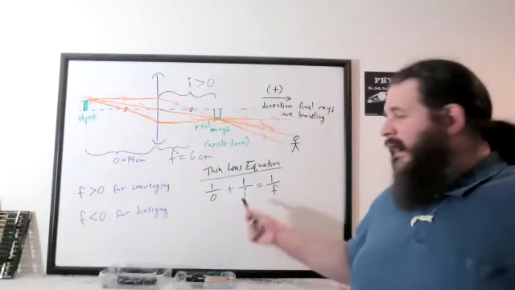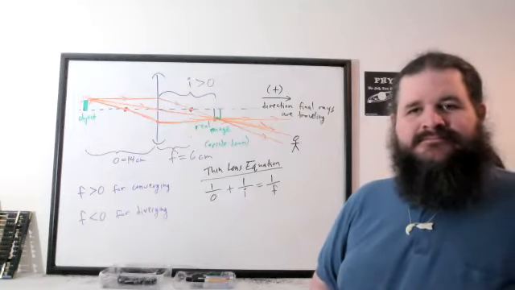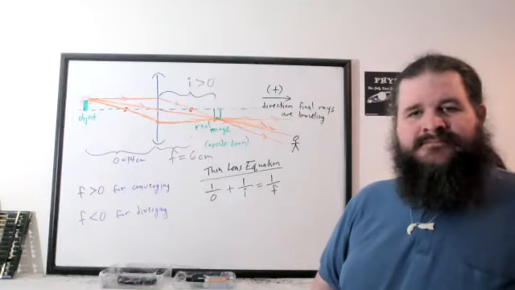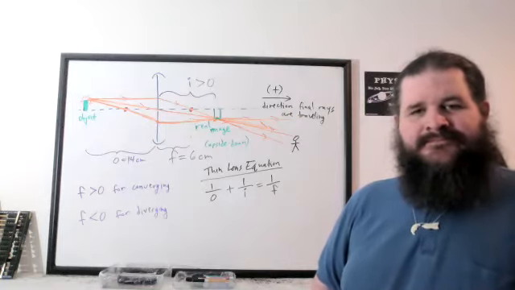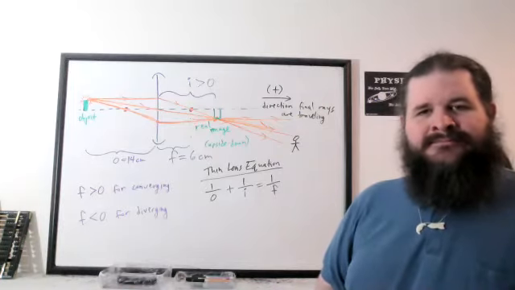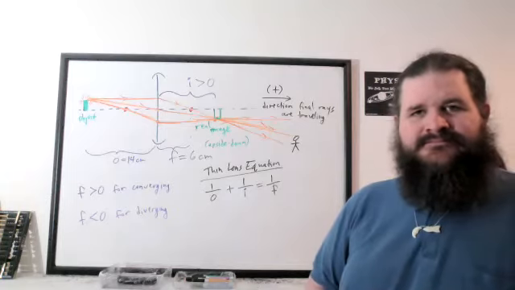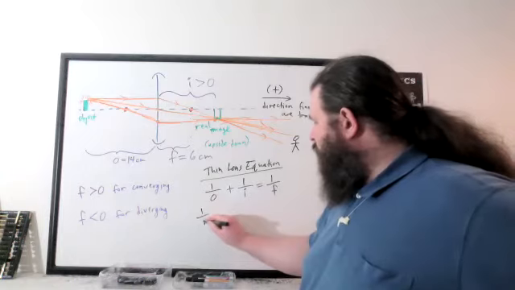How would you isolate I in this equation? How could you get I by itself there? Yeah, subtract 1 over O from both sides.